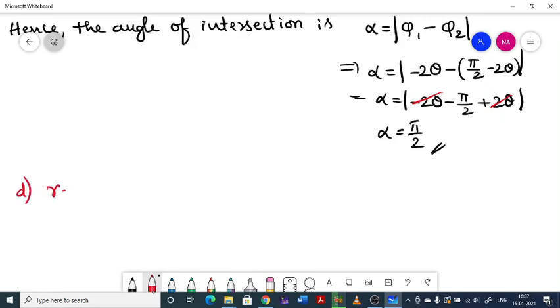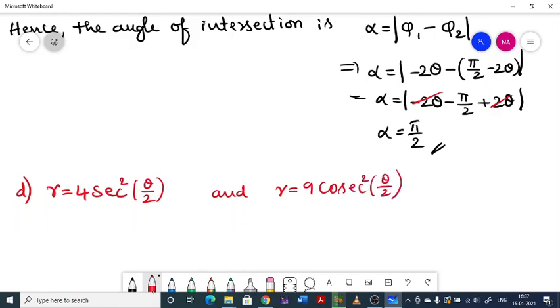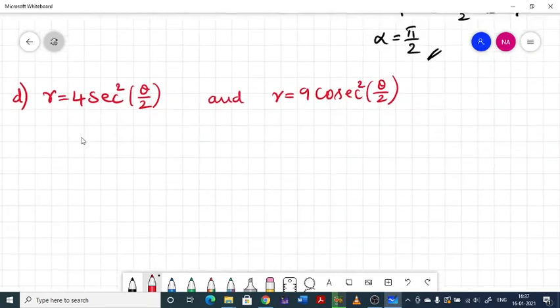R equal to 4 into secant square of theta by 2 and R equal to 9 into cosecant square of theta by 2. Solution.